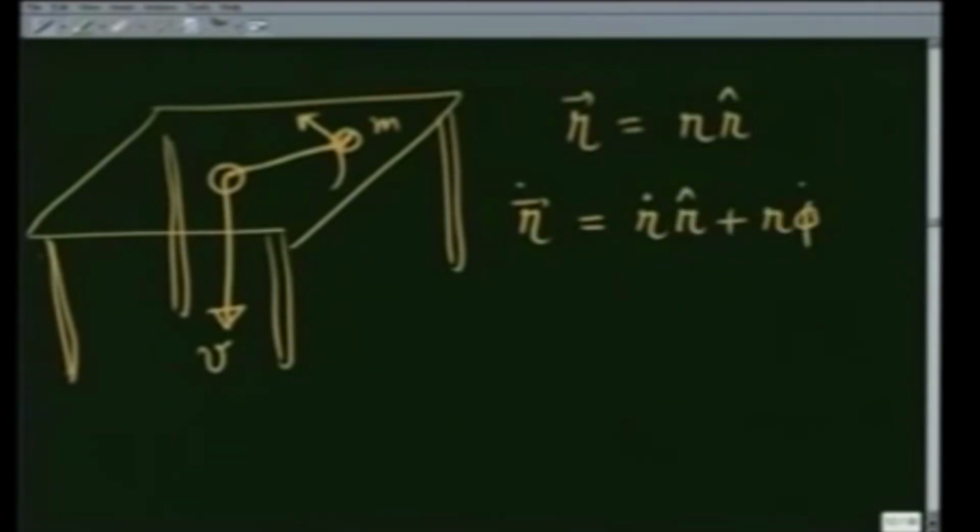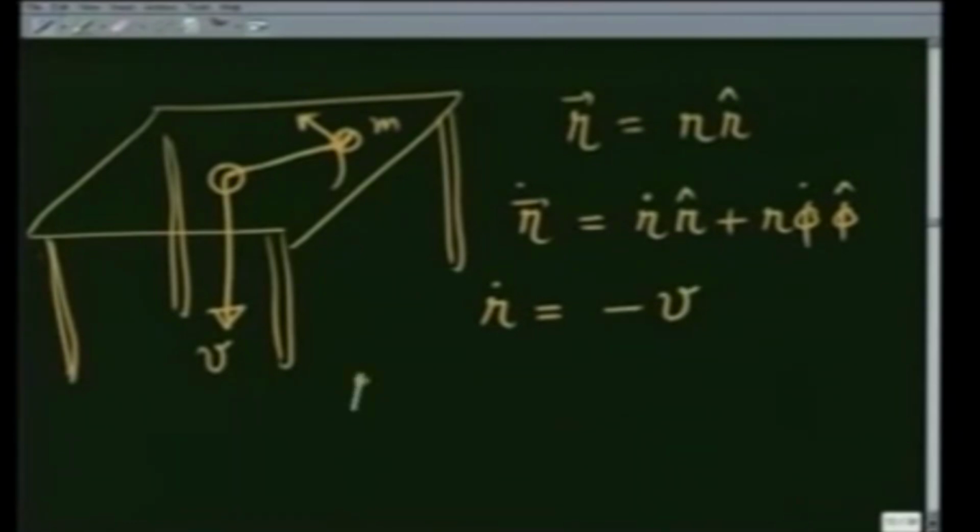So, the position of the particle at any time is given as r equal to r r-hat, and the velocity, r dot, is equal to r dot r-hat plus r phi dot phi-hat. R dot is given to be constant and r is decreasing, so it is minus v.